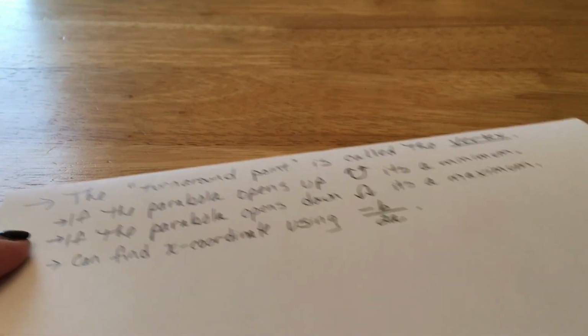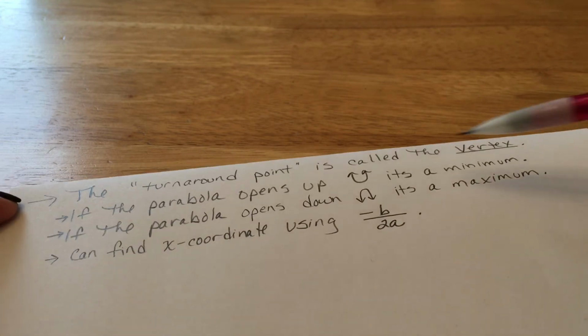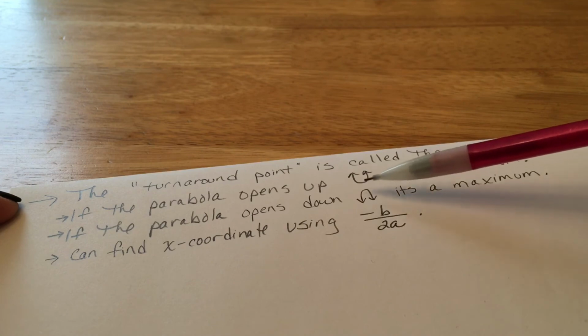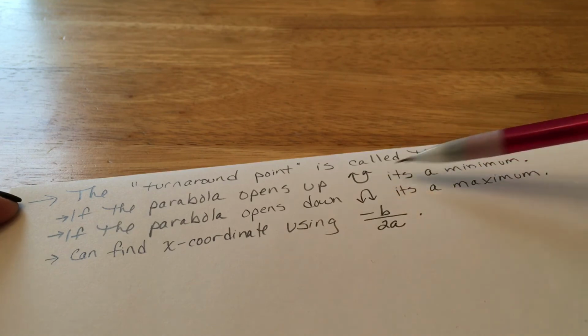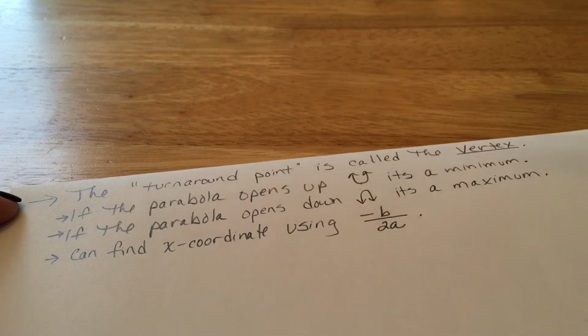Then the last characteristic we need to talk about is this idea of a vertex. So the turnaround point is called the vertex. It's the highest point or the lowest point. It's what's right in the middle of the U, if you will. So if the parabola opens up, so if a, your leading coefficient, is positive, this bottom point is called your vertex, right smack dab in the middle.